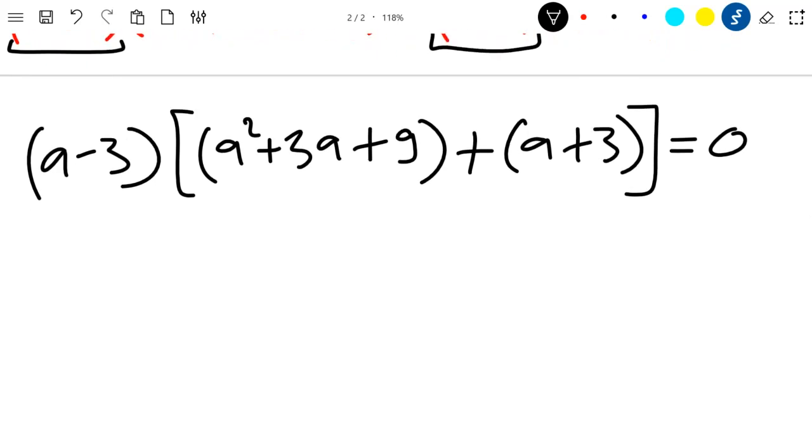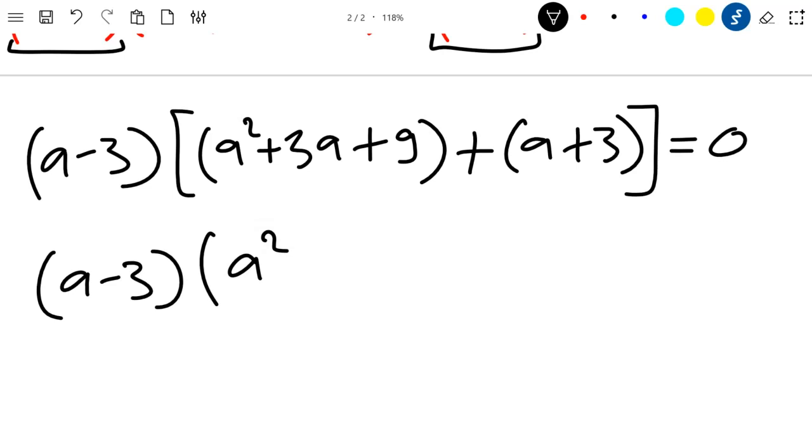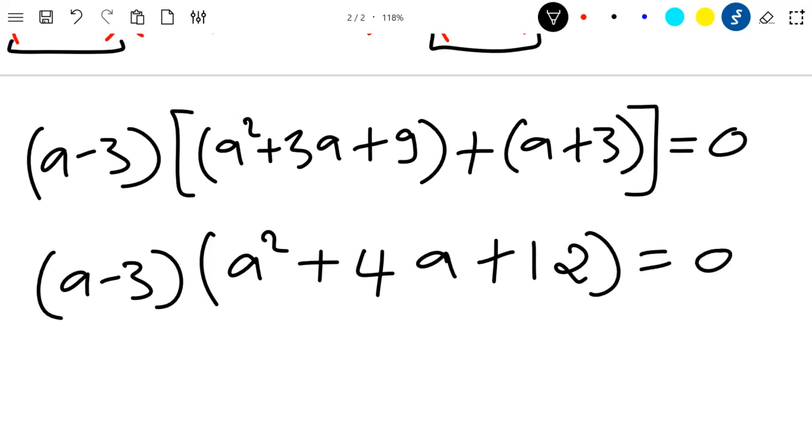So this is (a - 3) times (a^2 + 4a + 12) equal to 0.